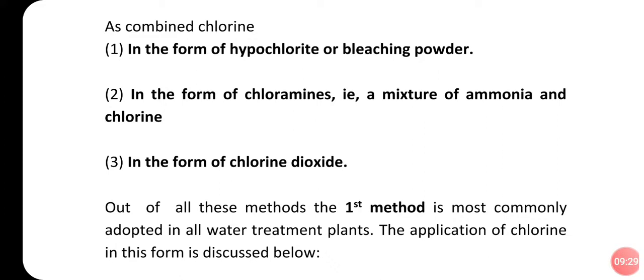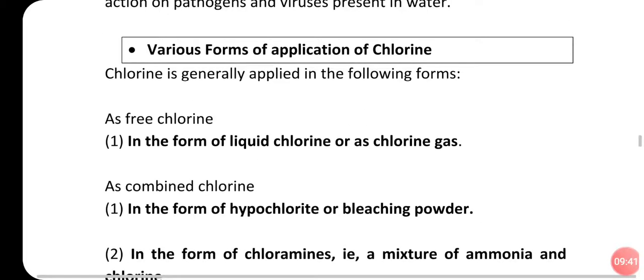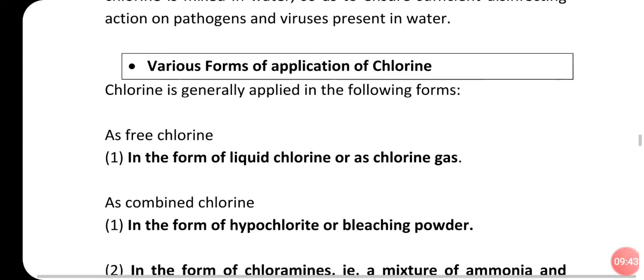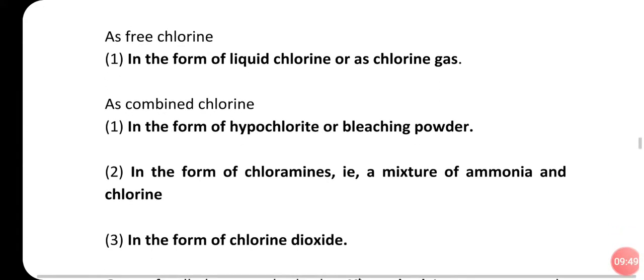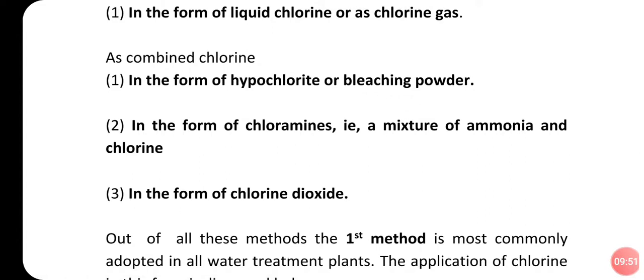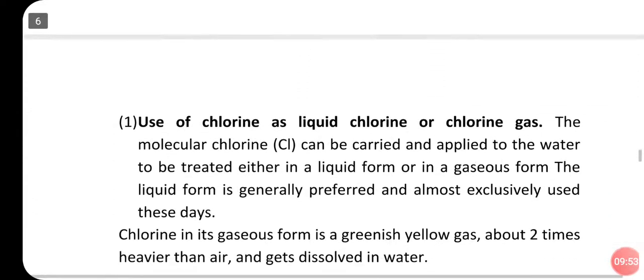So these are used if the water which is treated still contains more bacteria or more contamination. But once it is lost, then the first method, that is liquid chlorine or chlorine gas, is enough for us. So that's why I have discussed the first method in more detail.